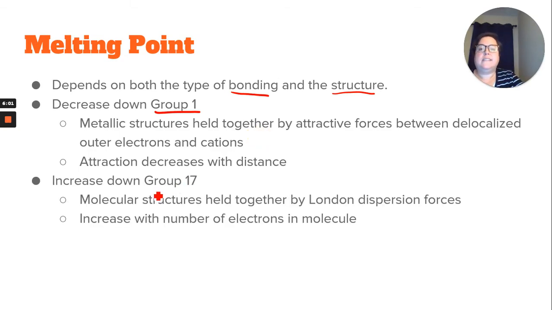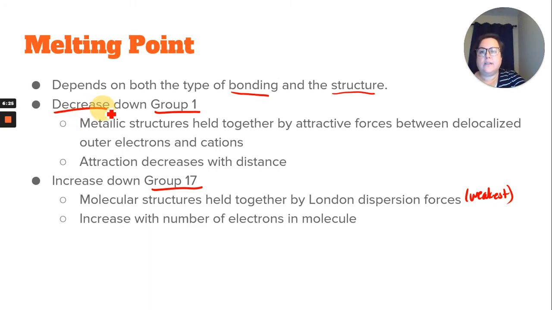And then for group 17, melting point increases as you go down the group. And that's because the molecular structure is held together by London dispersion forces, which is our weakest type of intermolecular force. And the strength of the intermolecular force there increases as you get larger. So that's why it increases down group 17.